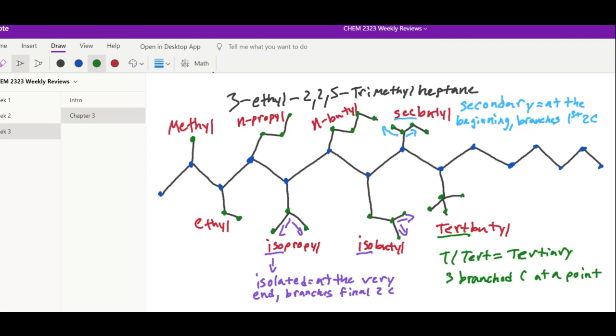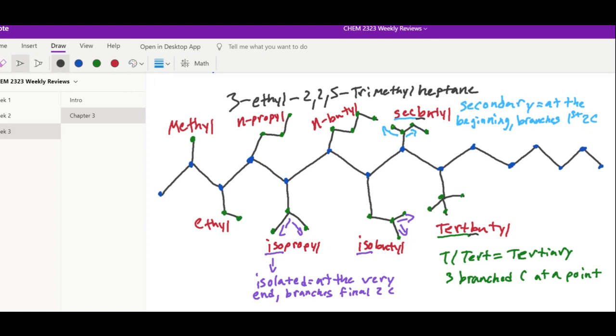So as far as alphabetical order, I believe sec and T-butyl do not count. So whenever you're looking at sec and T-butyl, you only look at the letter B. But for iso, you do count.